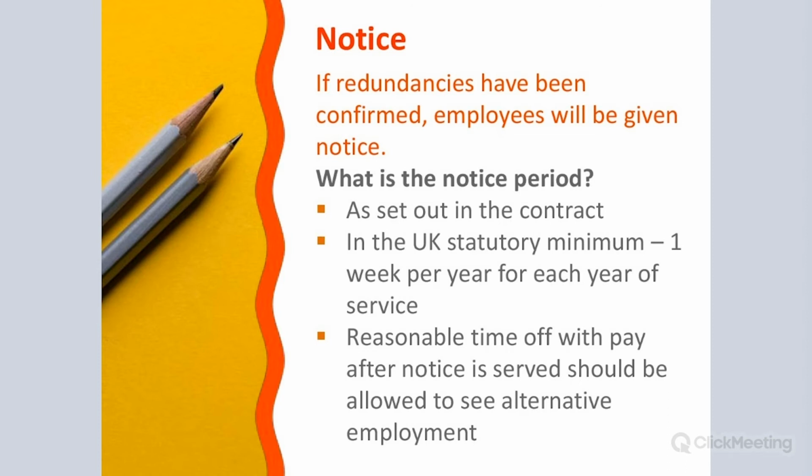Often different types of employee, different descriptions of employee will have different notice periods. So when you're setting out your timeline, you will need to have gone through the contracts and have worked out who is entitled to what notice so that you can plan for when you would need to give those employees notice in order to do things by a certain date.